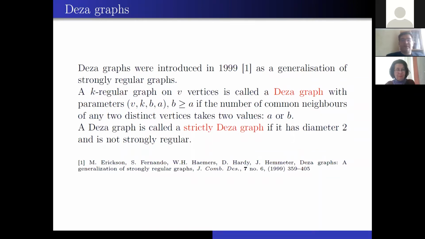The definition of a DD graph is a k-regular graph on v vertices if the number of common neighbors of any two distinct vertices takes only two different values, A or B, and we say that B is greater than or equal to A. And we say that the DD graph has parameters v, k, b, a. A DD graph is called strictly DD graph if it has diameter 2 and is not strongly regular.